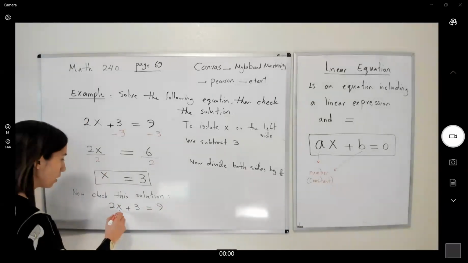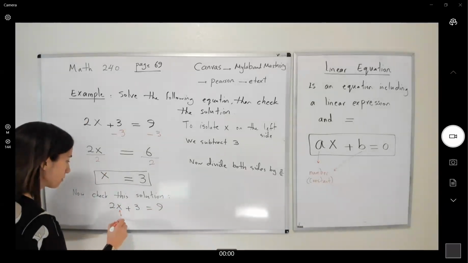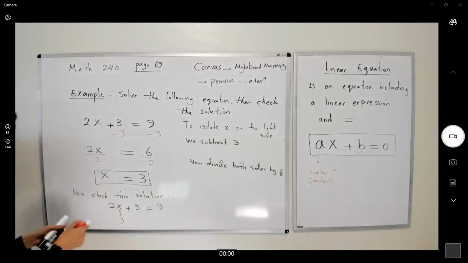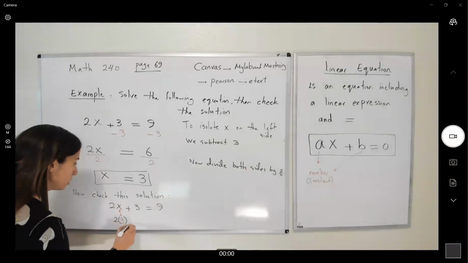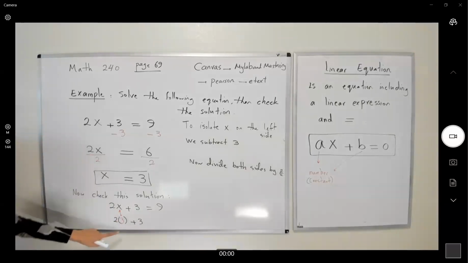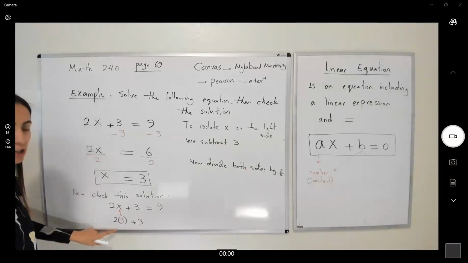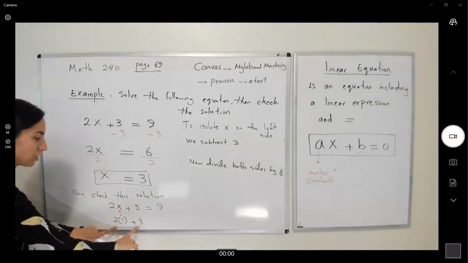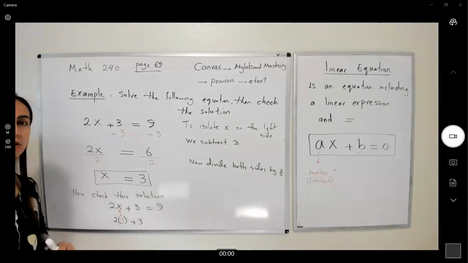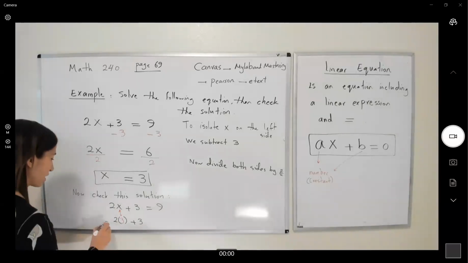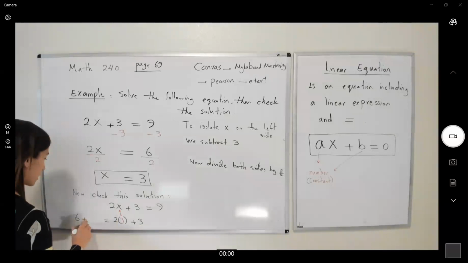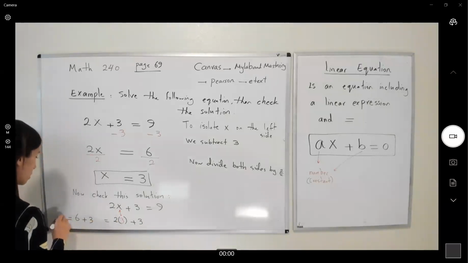So if I substitute 3 here, on the left-hand side, I'm going to get 2 times 3 plus 3. Remember order of operations. You have multiplication, you have addition. Multiplication comes first. 2 times 3 is 6. 6 plus 3 is equal to 9.